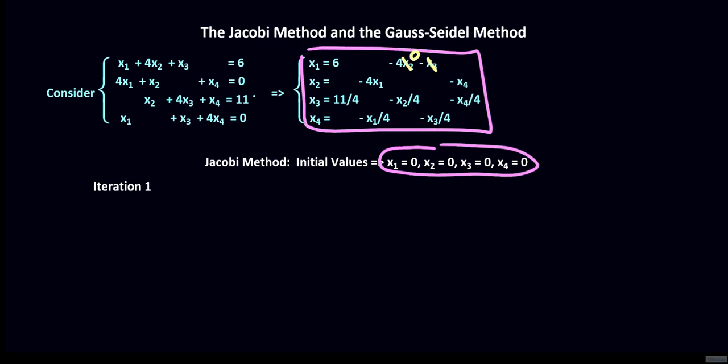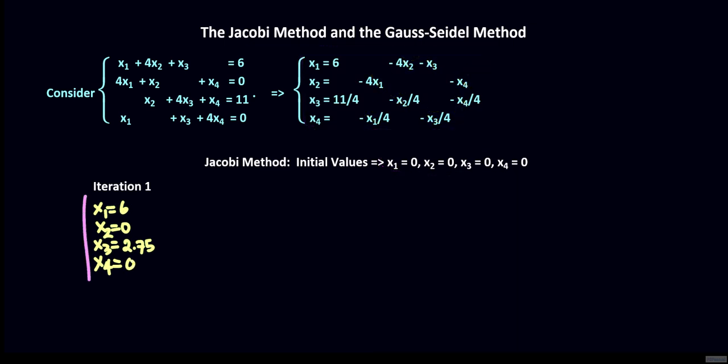All the terms involving variables on the right side of each equation are 0, so that the new x1 is 6, x2 will still be 0, x3 will be 11 over 4 or 2.75, and x4 will still be 0.